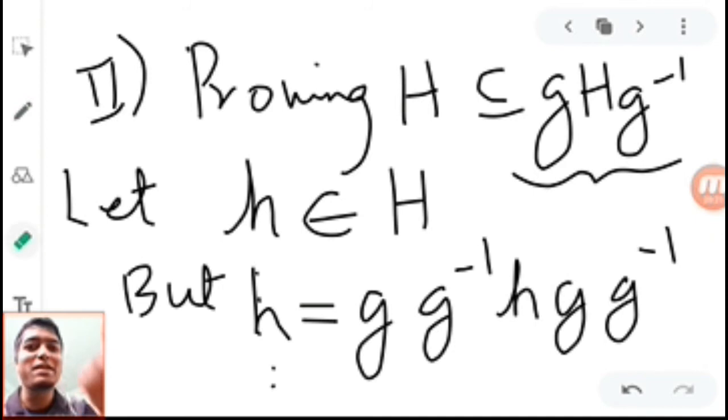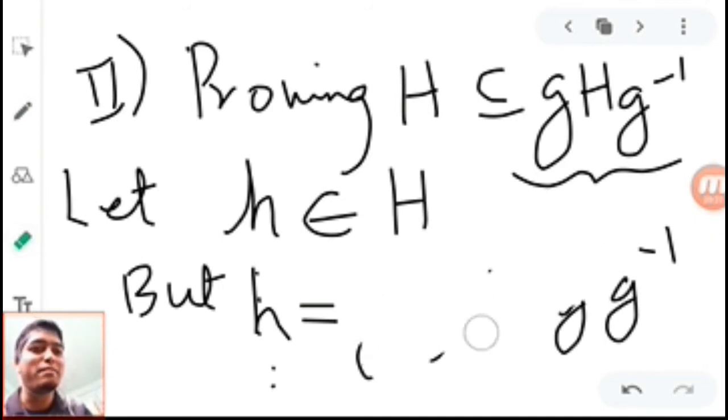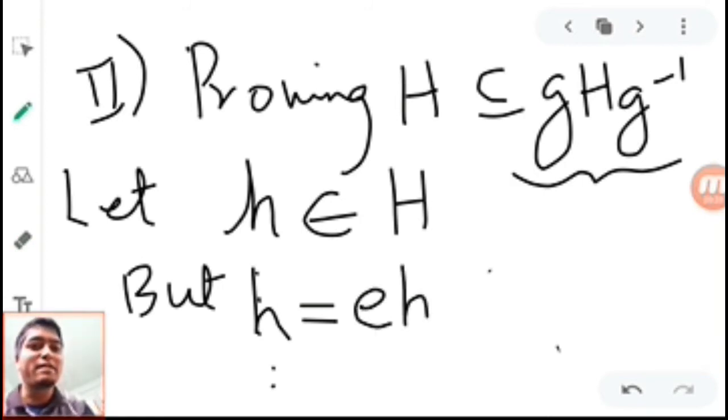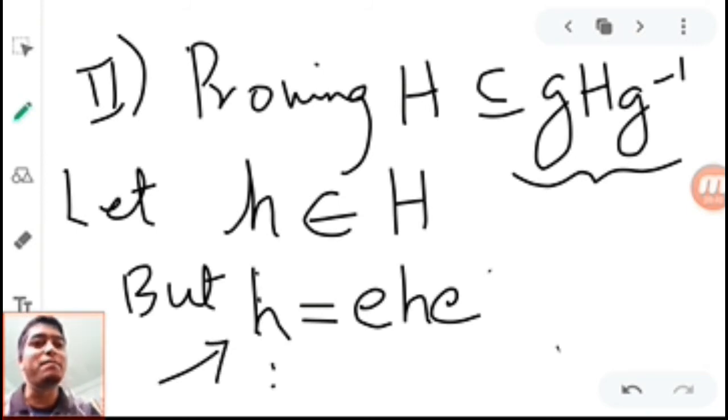Maybe I should have written it in a better way first. I'm writing it like this: h is equal to E h E, because if you multiply with the identity, it doesn't change. What I want to do is write h in the form G, then an element of H, and then G inverse at the end.